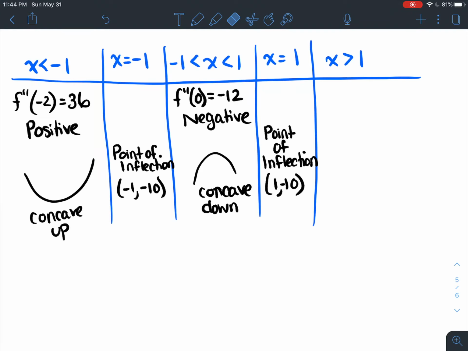When x is greater than 1, let's pick a value like 2. So let's find the second derivative when x equals 2. And we get 36, which is positive. And we know our graph is going to be concave up.